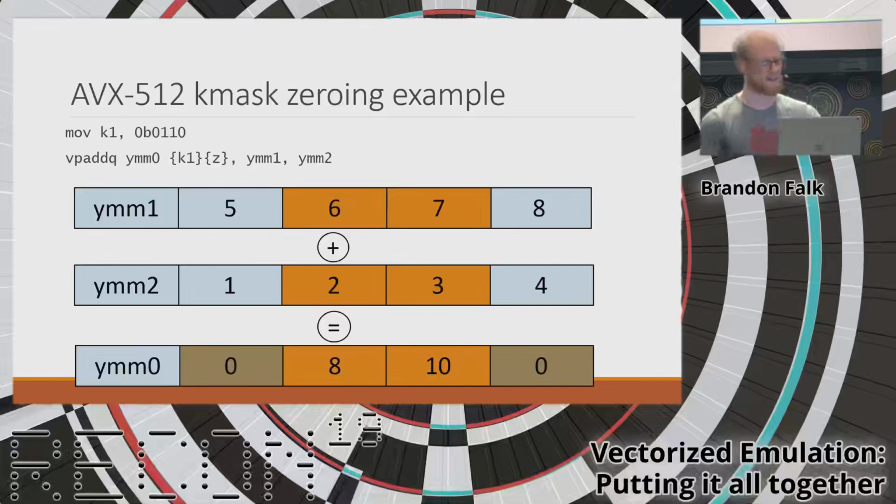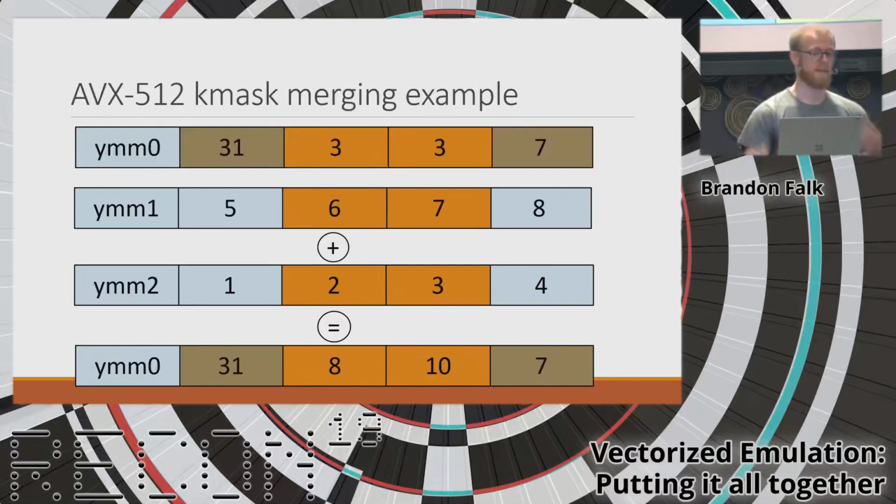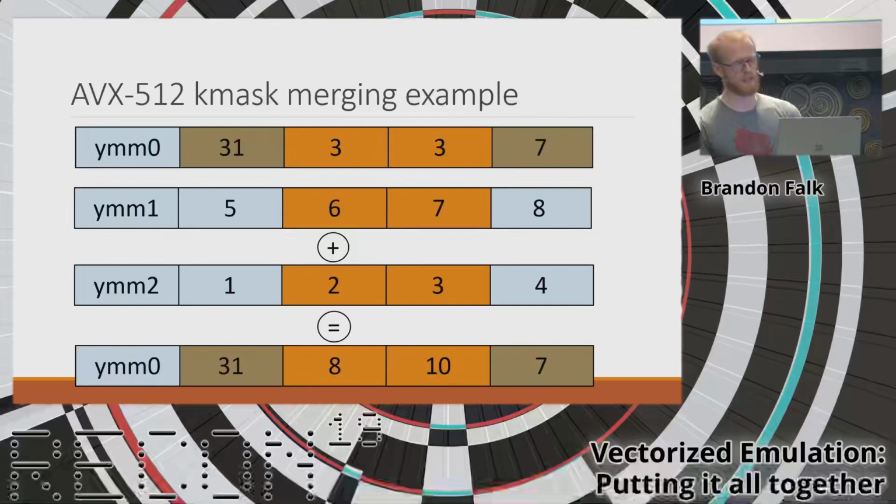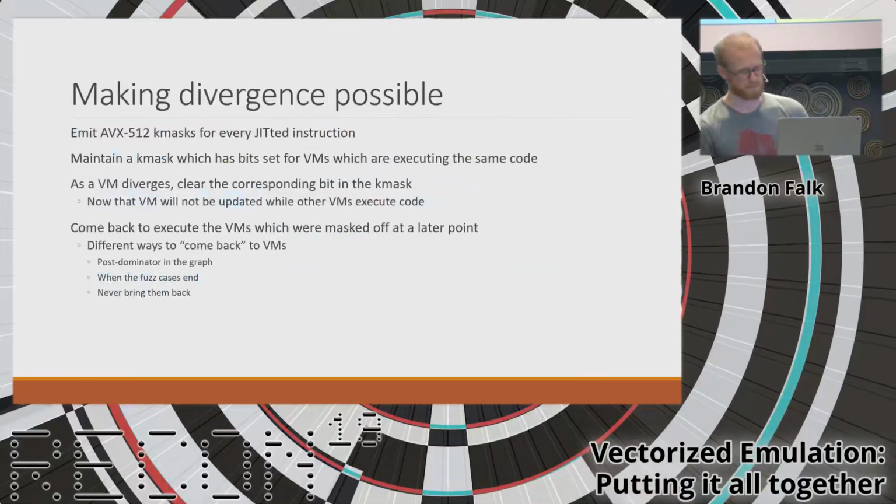But at the end, it ends up zeroing out the 2 lanes that were disabled by that KMask. In the case of merging, it's pretty much the same thing, except the old values just stay there instead of getting zeroed out. Zeroing is a little bit more useful for performance because you can get rid of dependencies, and it makes the processor a little bit faster for those instructions.